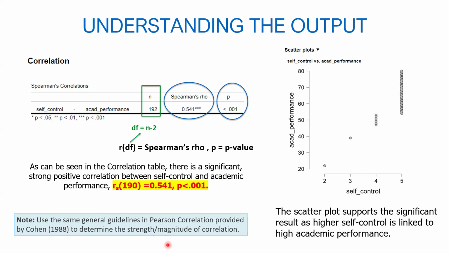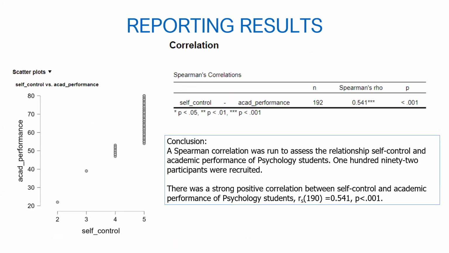Now let's report our result. We will need to present the following outputs from the JASP software, and we conclude that a Spearman correlation was run to assess the relationship between self-control and academic performance of psychology students. 192 participants were recruited, and there was a strong positive correlation between self-control and academic performance of psychology students with the following parameters: r sub s of 190 is equal to 0.541, and the p-value is less than 0.001.